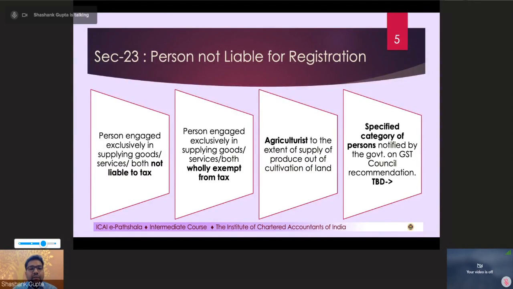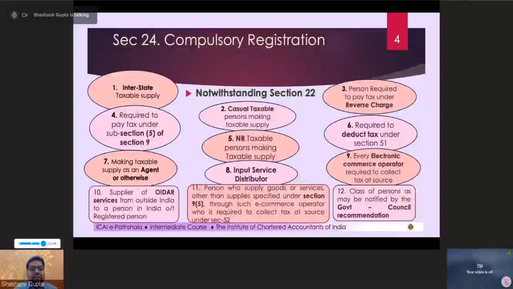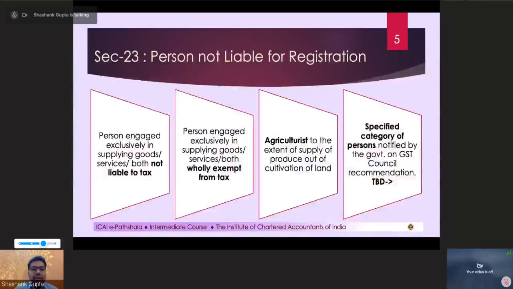So we have discussed what is the basic threshold for obtaining registration in GST. We have discussed who are liable to compulsorily obtain registration under GST. Now, persons not liable for registration under GST.